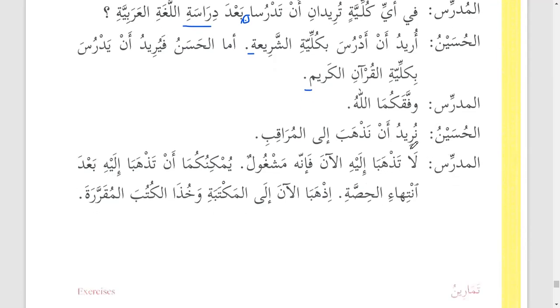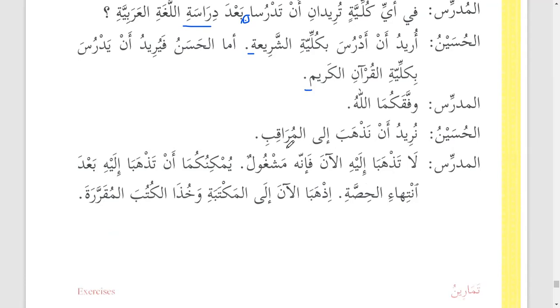Al-Husaynu: الحسين نريد أن نذهب إلى المراقب. We want to go to المراقب. Muraqib is the guardian. Raqaba yuraqibu, and then fi'l al-amr, and ism al-fa'il will be muraqib.